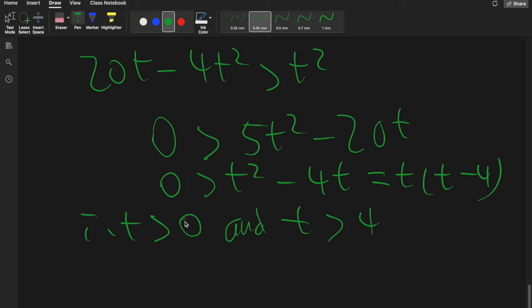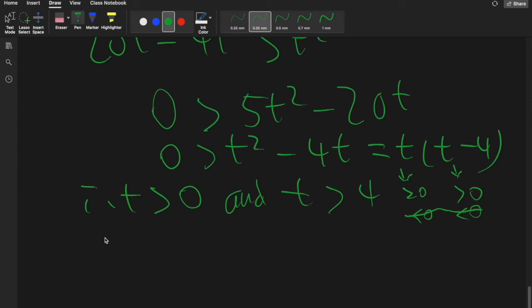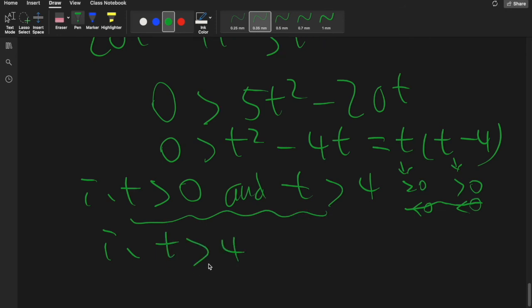If the quantity is greater than 0, then this factor must be positive, and this one must also be positive, right? Or both can be negative. But we know time must be a positive quantity, so I do not consider the second case. I only consider the first case. So from those two, we know t must be greater than 4, right?